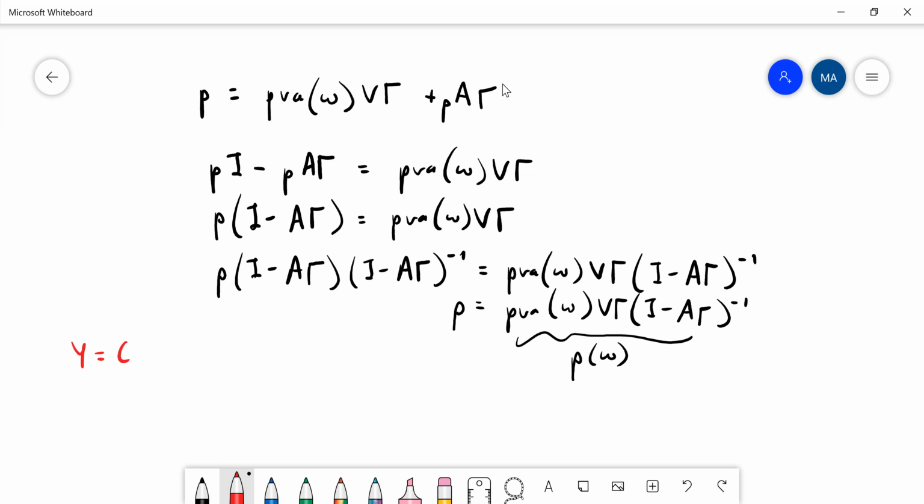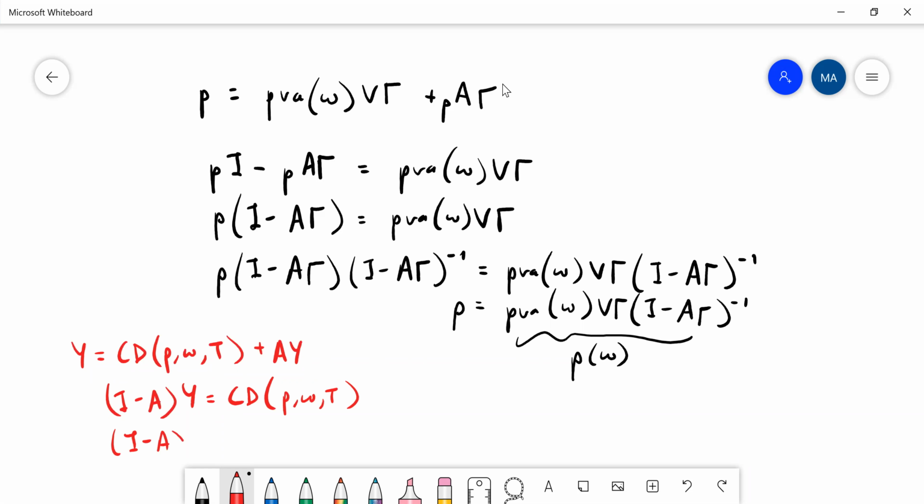We also have Y equals CD P omega T plus AY. So I minus AY equals CD P omega T, right? So you have inverse of this times that, Y equals the Leontief inverse times that.